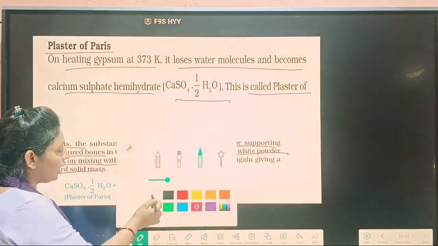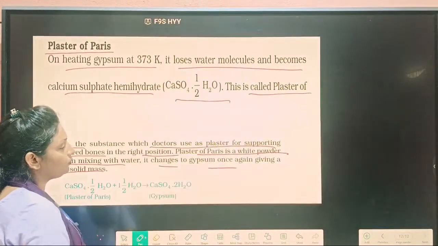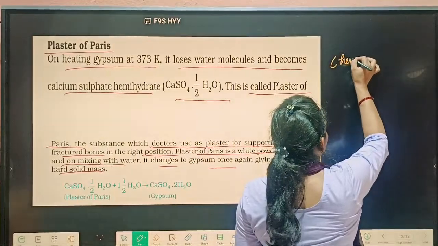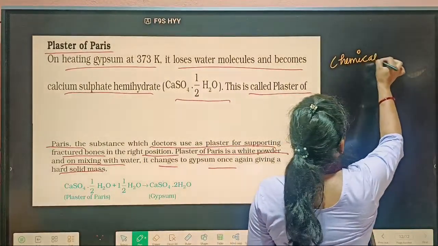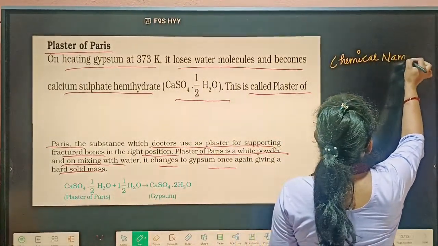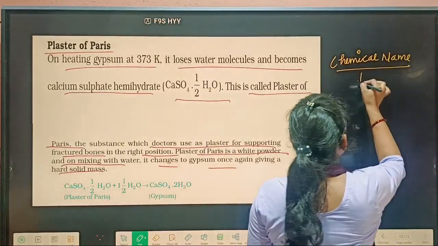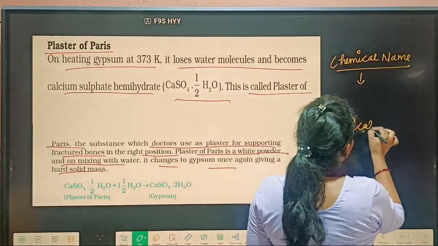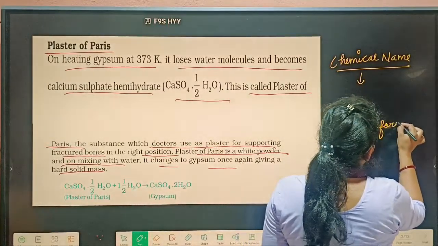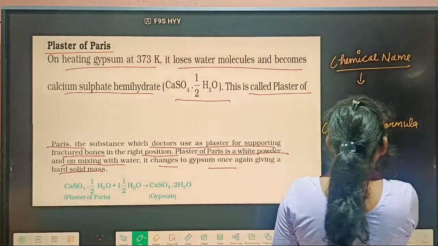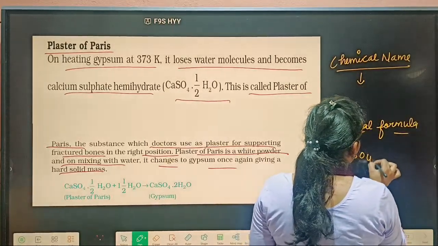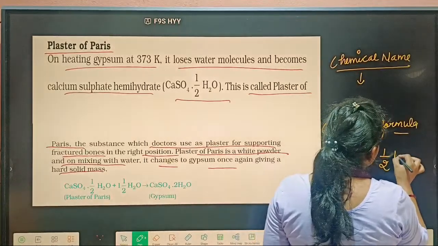Students, first of all, how can we prepare? First of all, we should know about the chemical name. Before knowing the name, you should know about the chemical formula. Chemical formula is CaSO4 half H2O.